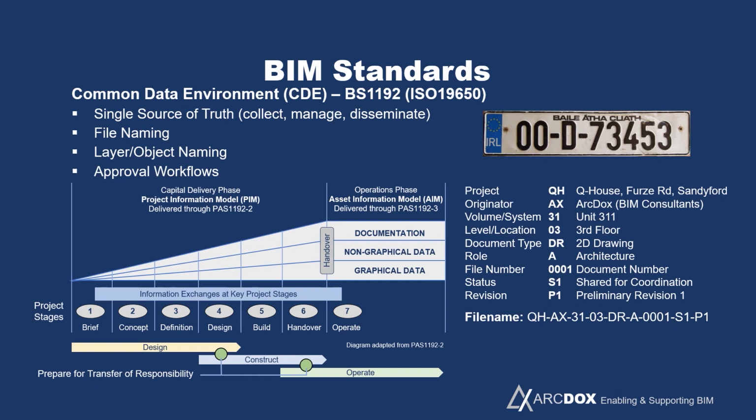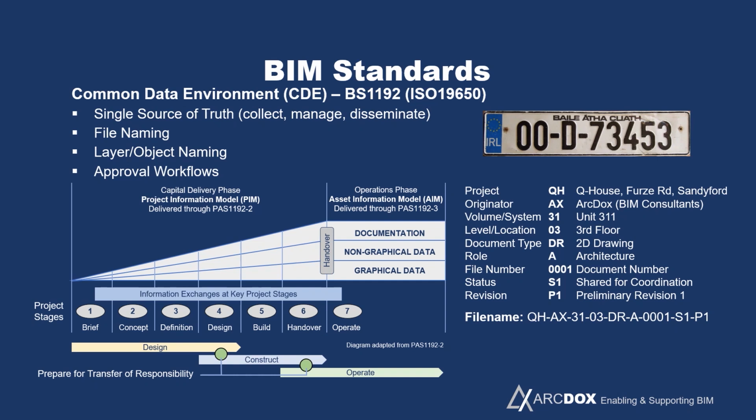Each file would have a status code telling you why it was provided. So what can you use it for? Is it just for information, or is it for coordination, or is it for tendering purposes, or is it issued for construction, or is it the final construction record? And finally, the revision of each file.